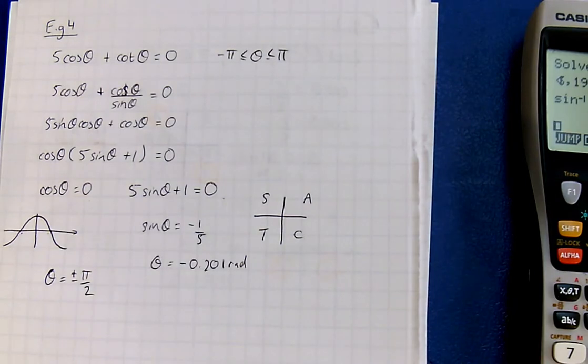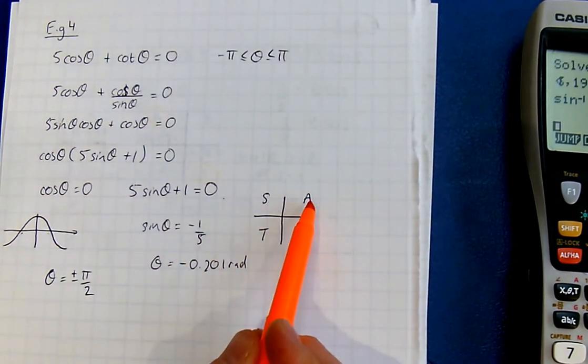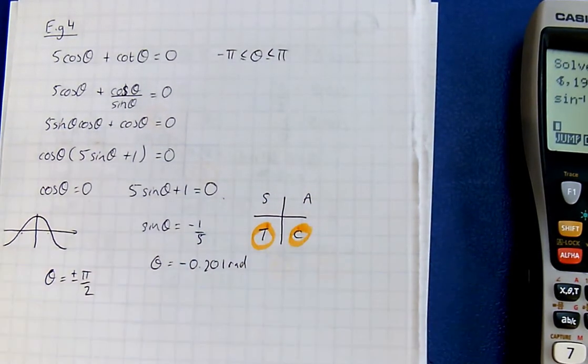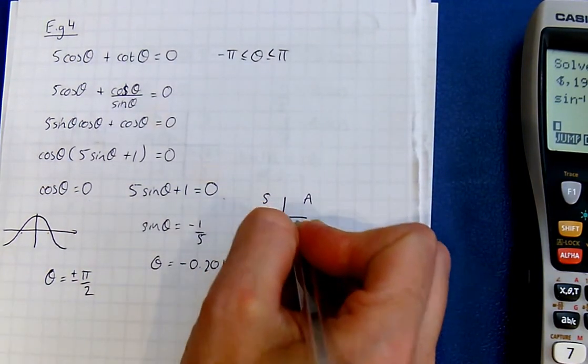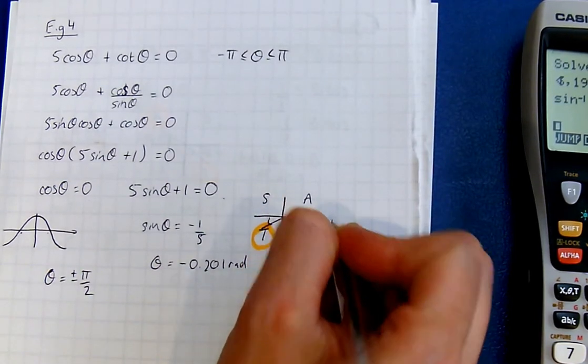The sections that I need to look at are the ones where sine is negative. So sine is positive in all and S. So I want these two regions. So I'm going to draw my stick in there, my angle. Okay, and I know that angle is 0.201.